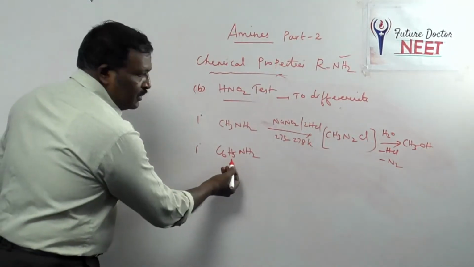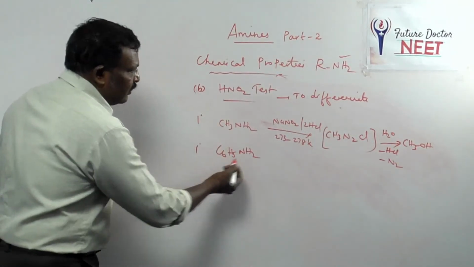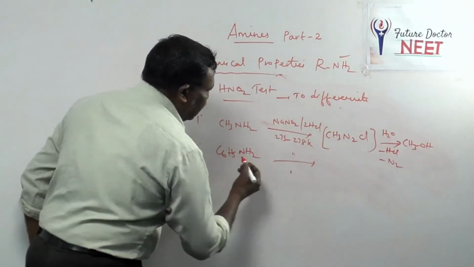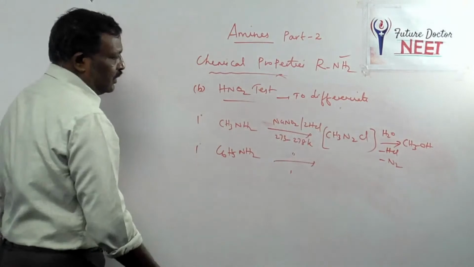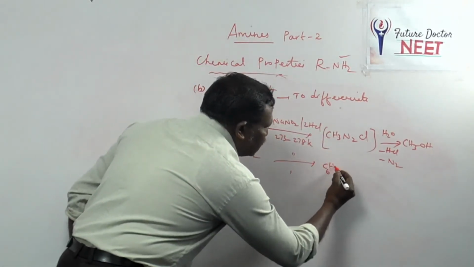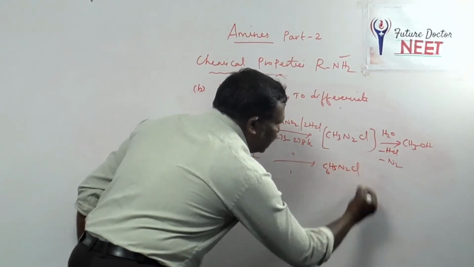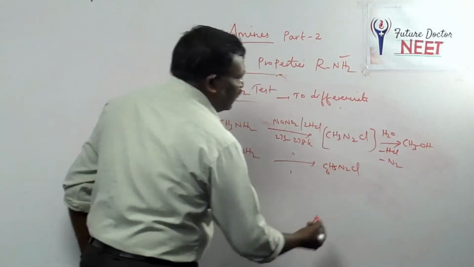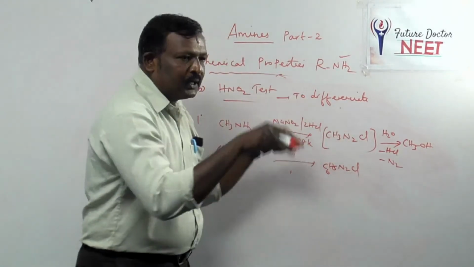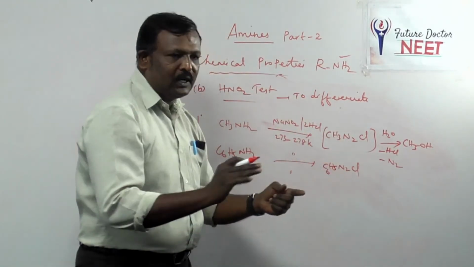Then you take the aromatic amine with the same reagent. We get the same kind of product, but instead of CH3 we put C6H5N2Cl. If it is unstable we put a square bracket; if it is stable we need not put any square bracket.